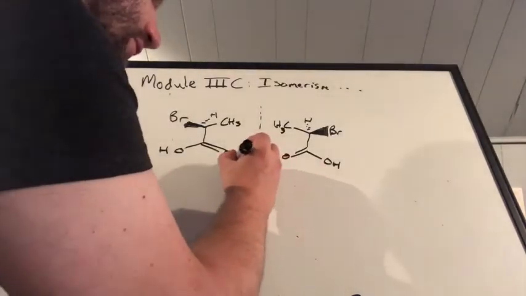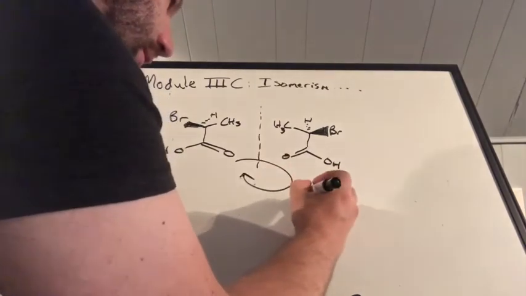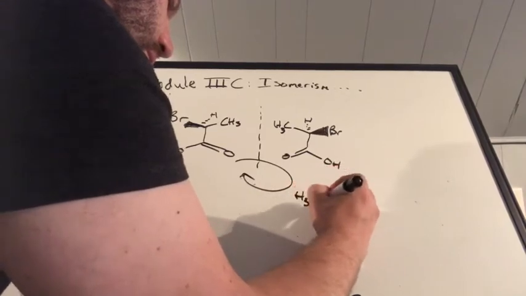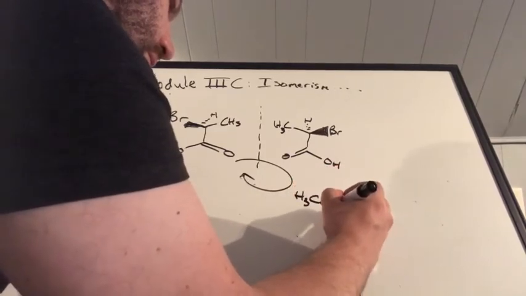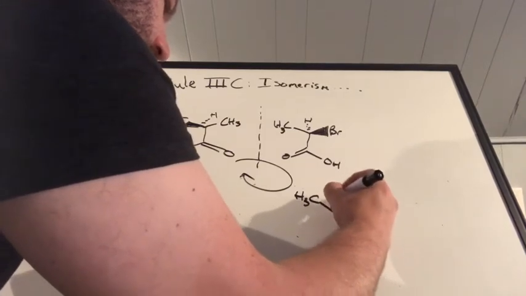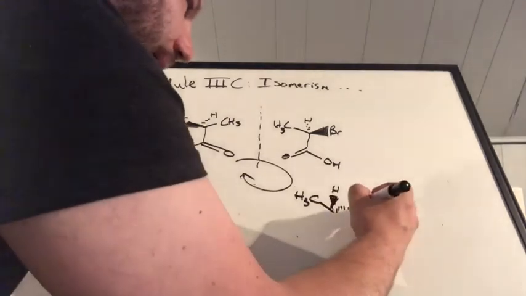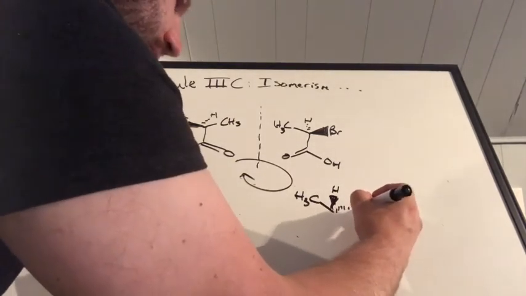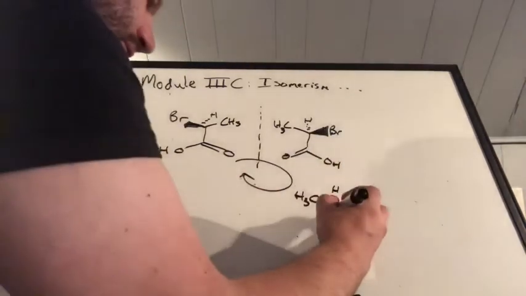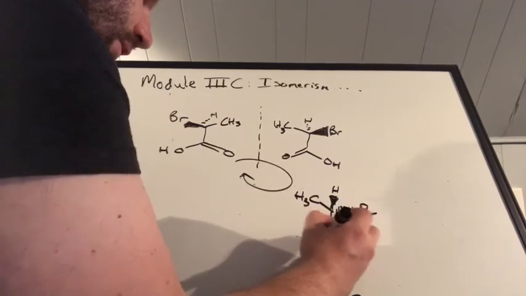It's actually going to look like this. So that hydrogen is going to stick out now. And then this bromine group is going to go into the plane of the board. Okay.